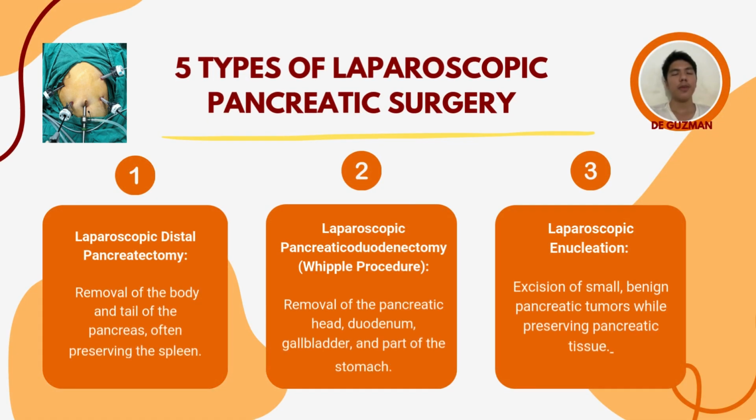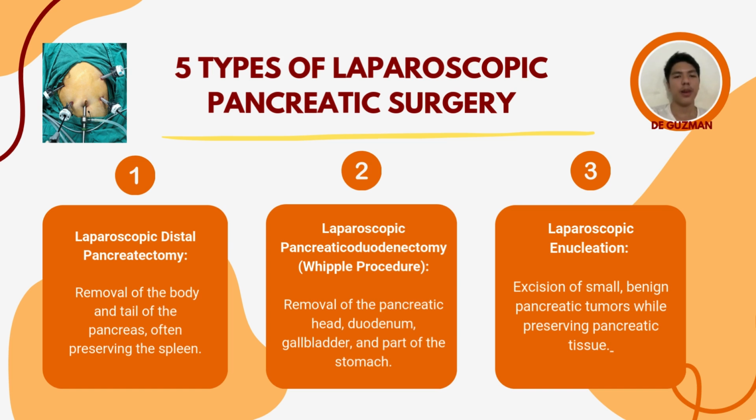Here are the 5 types of laparoscopic pancreatic surgery, and don't worry, I'll keep it super simple. First, laparoscopic distal pancreatectomy, where the doctor removes the end part of the pancreas, the tail, and the body, and they usually leave the spleen untouched, like trimming off the bad part of a fruit.